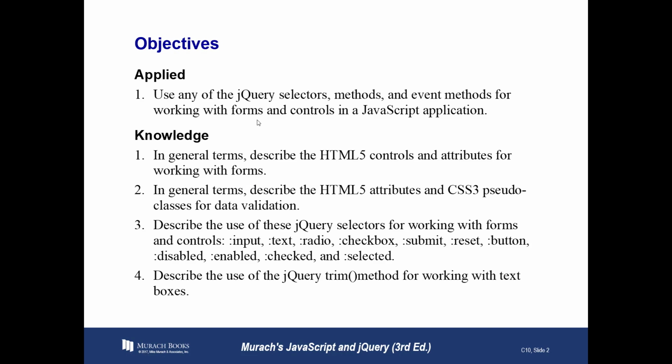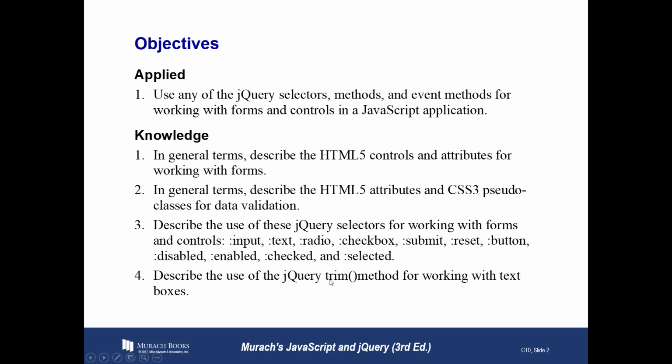Use any of the jQuery selectors, methods, and event methods for working with forms and controls. Describe how you use HTML5 controls and attributes for forms. Describe how you use HTML5 attributes and CSS3 pseudo classes for data validation. Talk about some of the jQuery selectors. You can see them right there. Talk about the jQuery trim method.